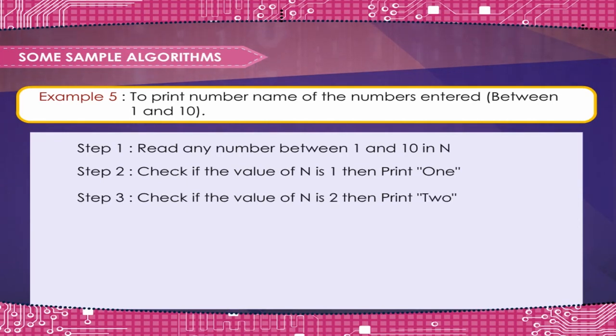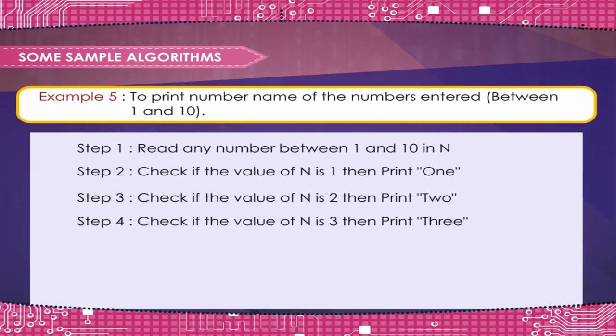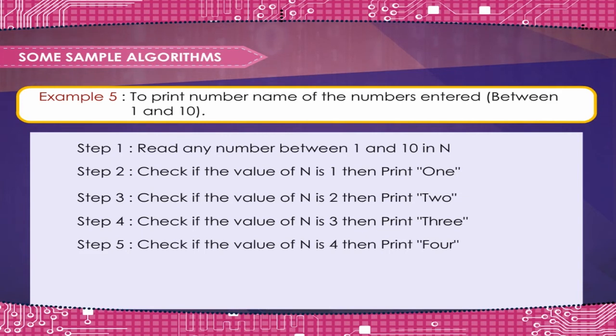Step 3. Check if the value of N is 2. Then print 2. Step 4. Check if the value of N is 3. Then print 3. Step 5. Check if the value of N is 4. Then print 4.